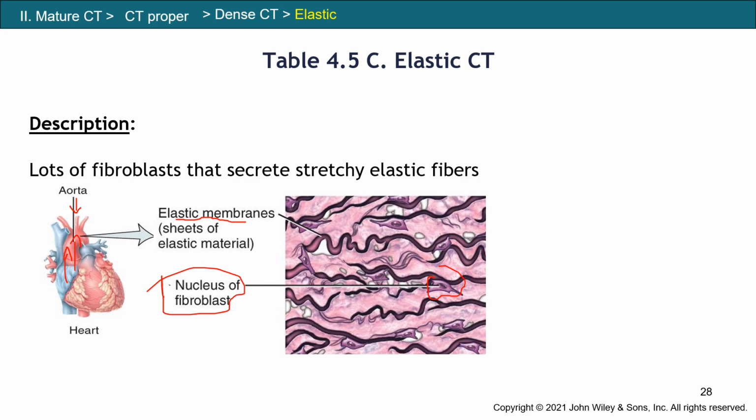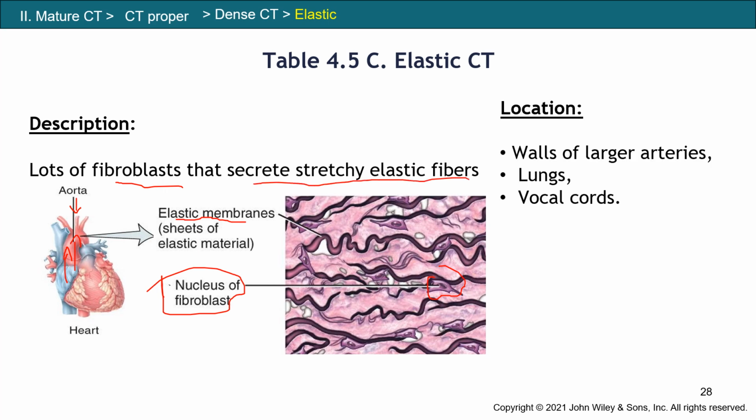So to summarize, here you need a lot of fibroblasts, but in this case they will secrete these elastic fibers. The location: the wall of large arteries, as I showed you with the aorta, the lungs and the vocal cords, all of them require movement and flexibility to perform their functions.